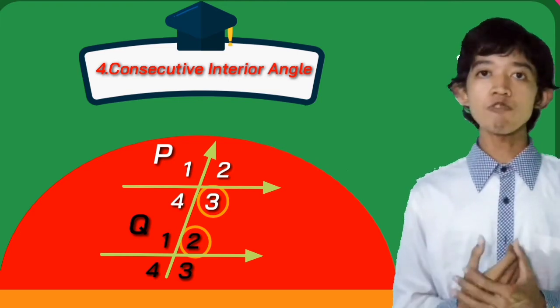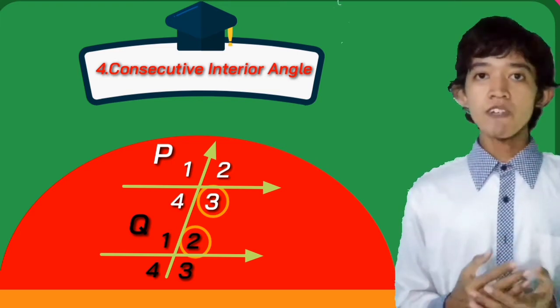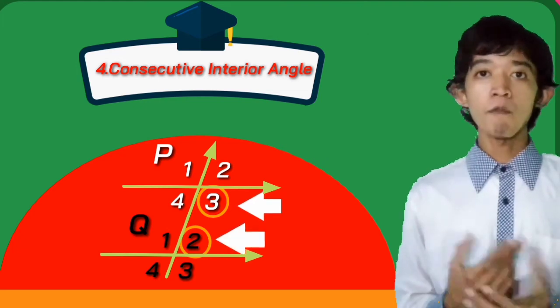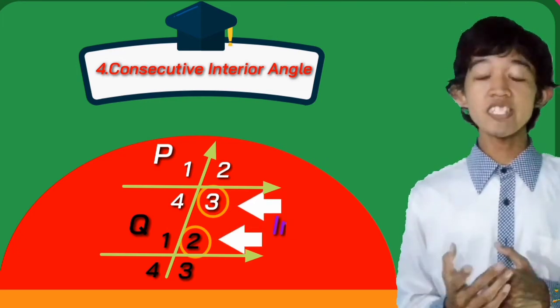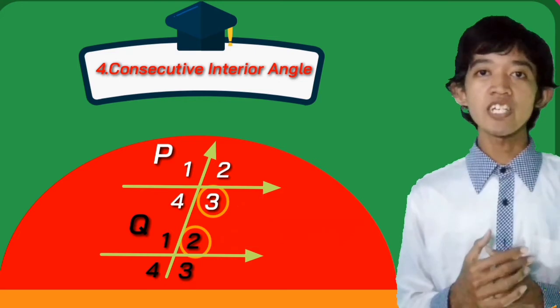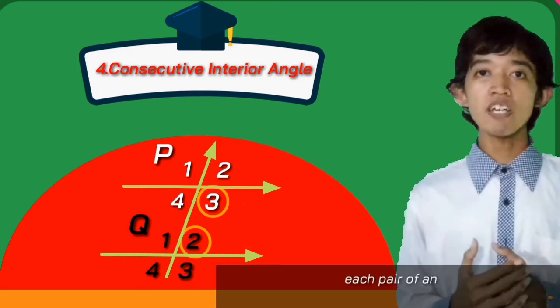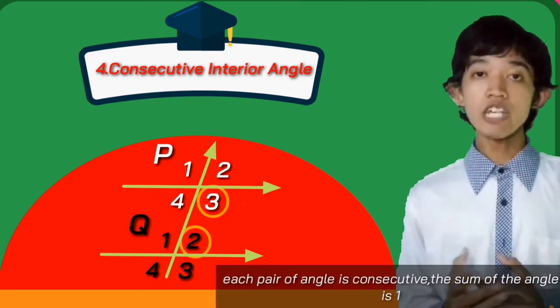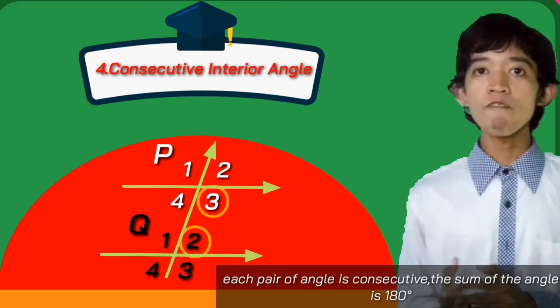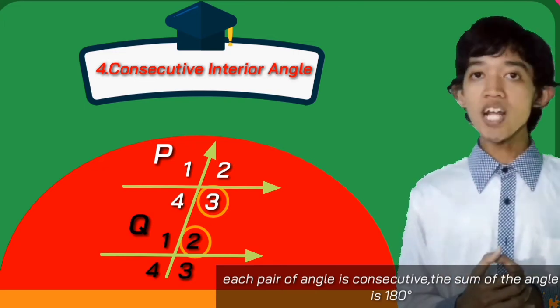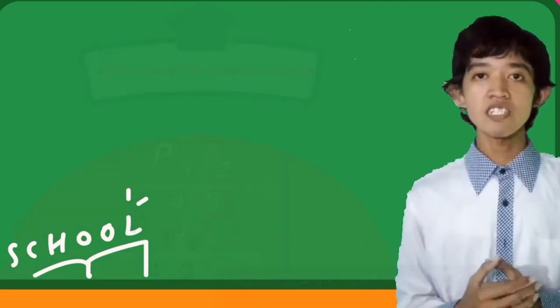If it's consecutive on the left, this is also the left, but remember the inside. The keyword is that if its pair of angles is consecutive, the sum of the angles is 180 degrees.